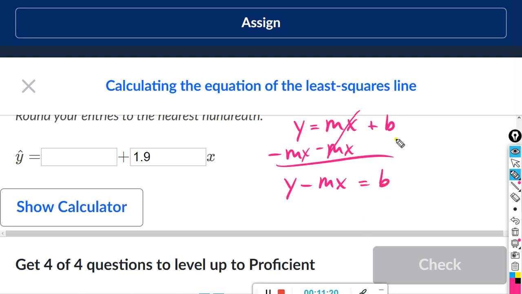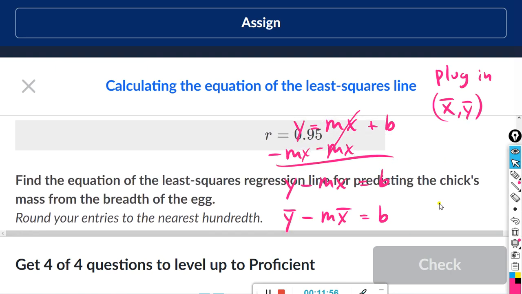But remember, we're plugging in x bar, comma, y bar, because that point is on the line. So in place of y, I can write y bar. In place of m, I'll just leave m for now. And in place of x, I can put x bar. So b is going to be y bar minus m times x bar. You can write this formula down as well.